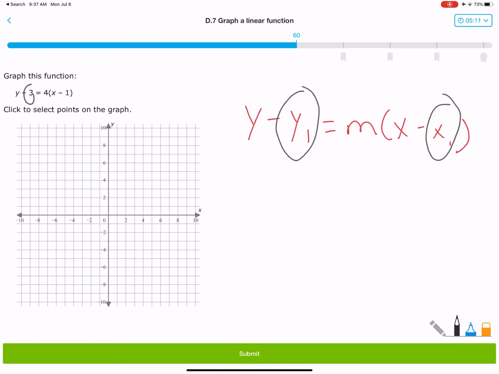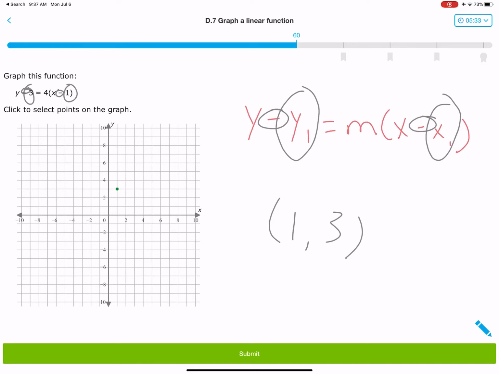So we got 3 and we got 1. Okay? Now notice it's a subtraction sign right here, and the subtraction sign is still right there. So our point on the graph is going to be 1, comma, 3. So we're going to pick the point 1, 3. We're going to graph it.